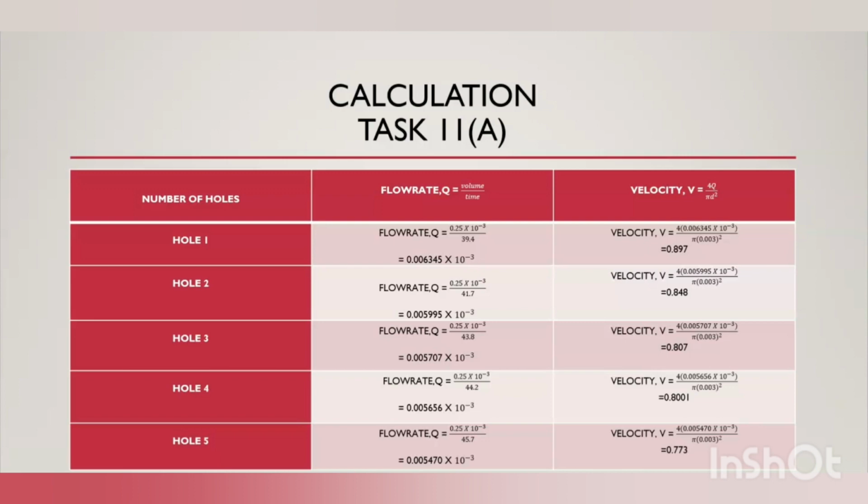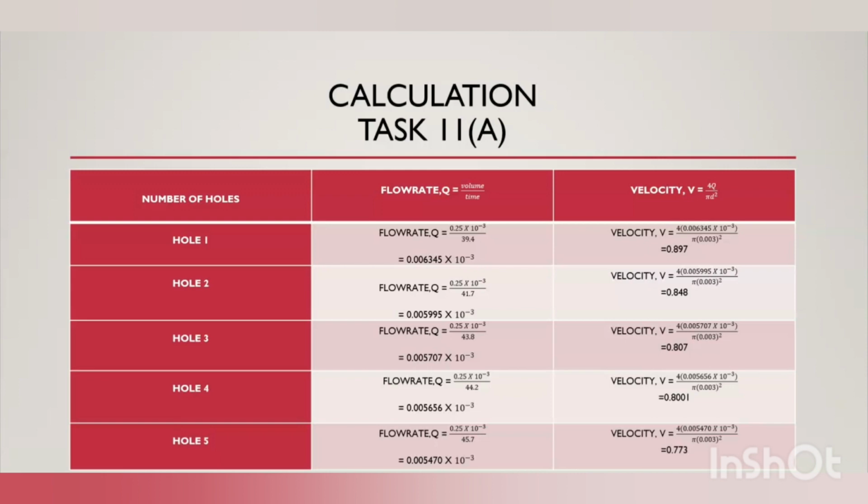We calculate the flow rate with the equation of volume over time. We insert the volume, 0.25 times 10 power of negative 3, over 39.4 seconds, which we got from the data table. The flow rate for hole 1 is 0.006345 times 10 power of negative 3.